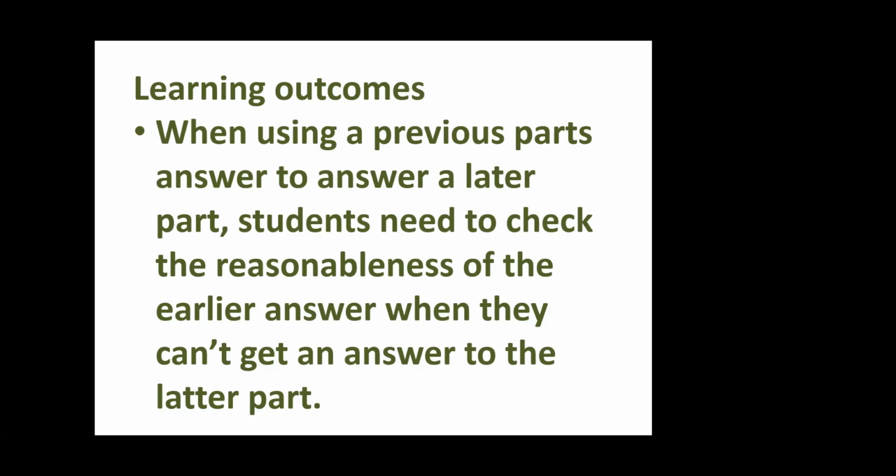We need to go back and have a look at my answer to A, because I'm not getting to a situation where I can answer B. We haven't yet been asking questions where there is no answer to this. There is an answer. If you can't get it, maybe you need to go back and have a look at a previous part.